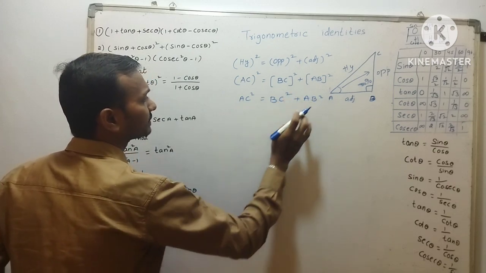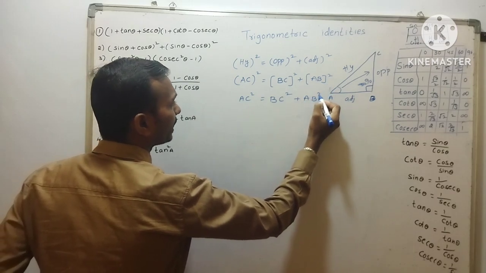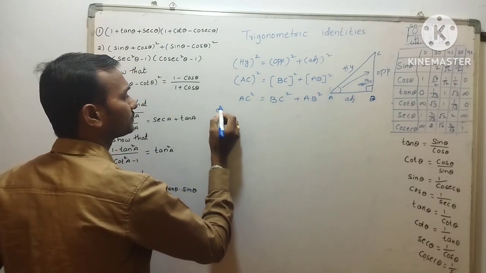Now divide with AC square on both sides.